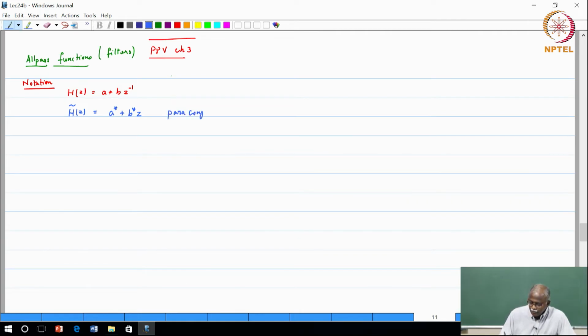Now, where does this come from? If you have not seen it before, it does not look intuitive at all, and why do you have to give it a name? So, let us anchor para conjugation in terms of the operations that we are familiar with.